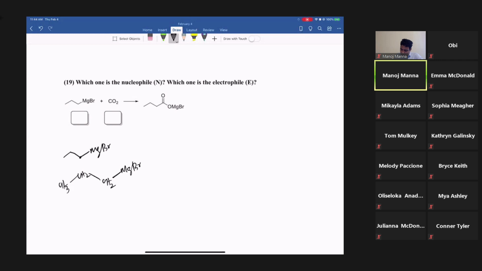That means a carbon-metal bond, delta minus, delta plus. So this carbon will act as a nucleophile. And carbon dioxide means C double bond O, double bond O, so that particular carbon will act as an electrophilic center. Okay, make sense?